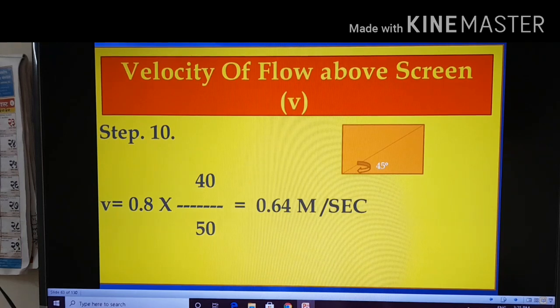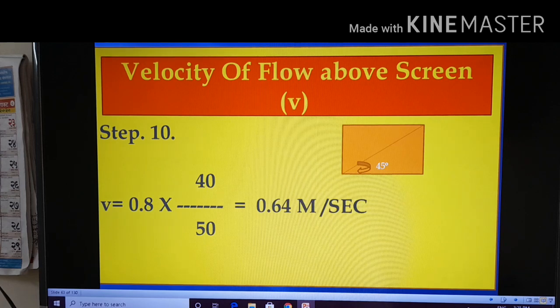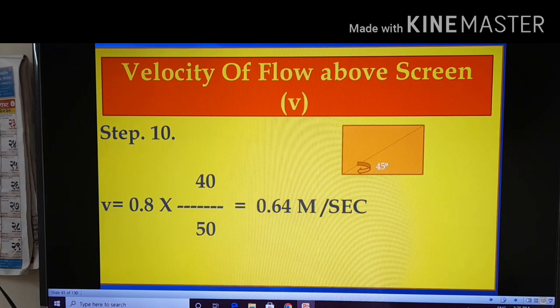The velocity of flow above the screen, right? That is step number 10. Small v is equal to, you know your velocity, that is 0.8 multiplied by 40 by 50, that is inverse. Last time you did the step h by b.